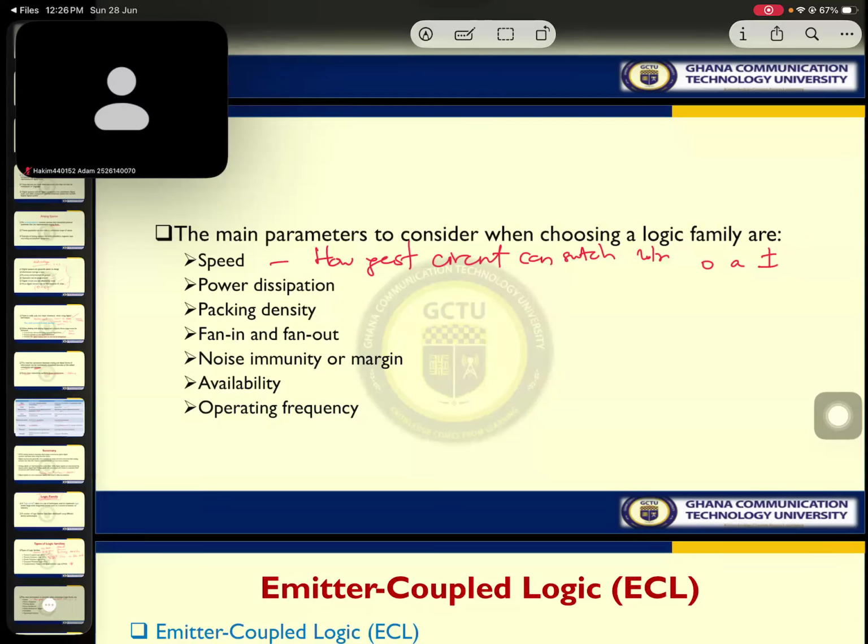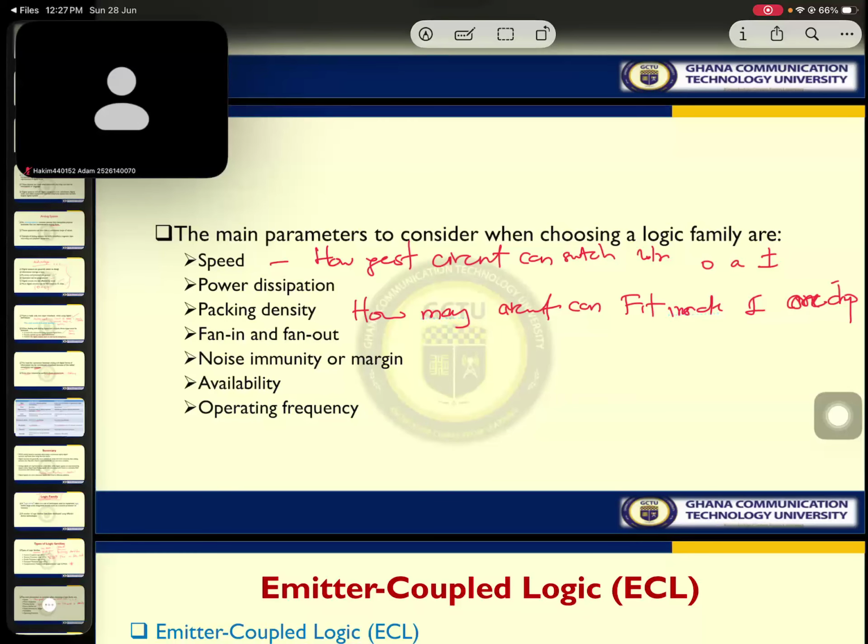We have the packing density: how many circuits can fit inside one chip. Then the fan in means the number of inputs the gate can accept.